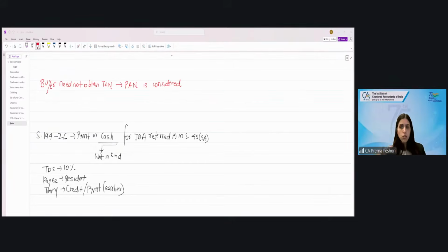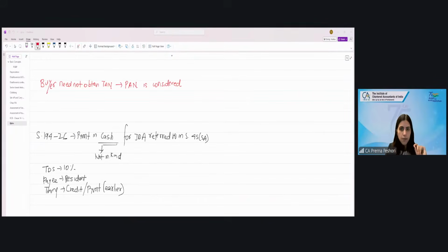He's not selling the land. He is just giving the possession of the land to the builder to develop the property on it. The capital gain is attracted under 45(5A). So whenever the builder gives any cash consideration for this, on that cash consideration paid, there will be TDS under 194IC, which is 10%.